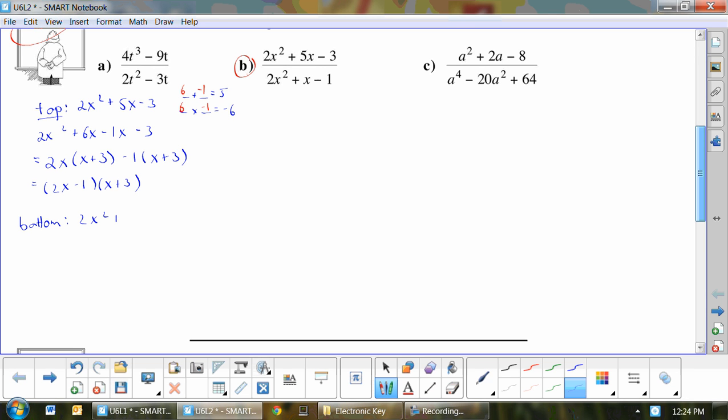We have 2x squared plus x minus 1. Again, this is type 2 factoring, so what plus what is equal to 1, and what times what is equal to negative 2. Someone can put up their hand and let me know. Teresa? Yeah. 2 and negative 1? Perfect.